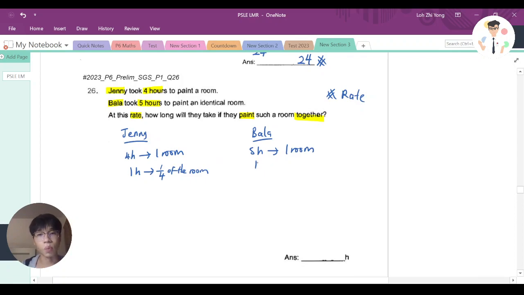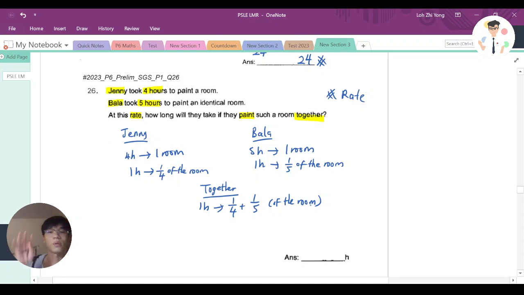So Bala in 1 hour will be only able to paint 1/5 of the room. So which means that if they are together, in 1 hour, they'll be able to paint 1/4 plus 1/5 of the room. I think this makes sense, right? 1 hour, 1/4, 1 hour, 1/5, and together they'll be adding together.